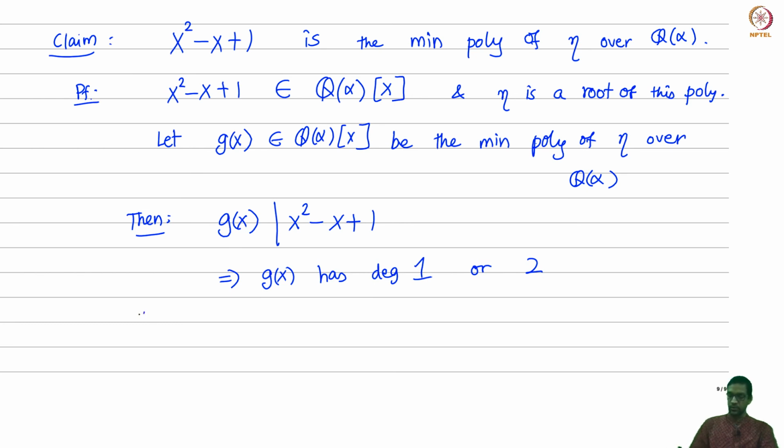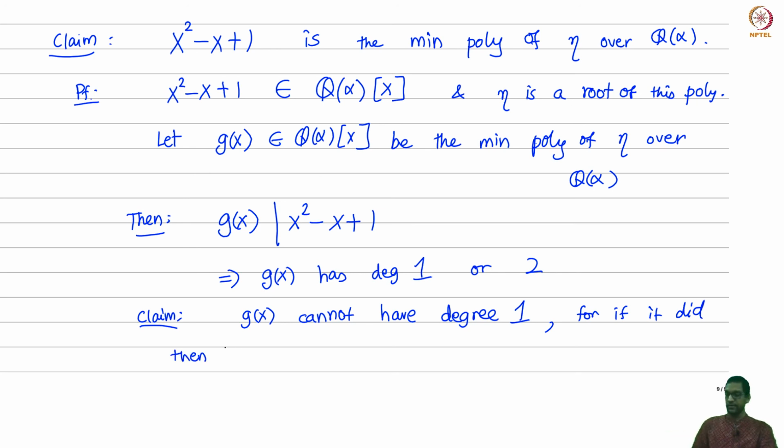Okay, so observe, claim: g(x) is not linear, it cannot have degree 1. For if it did, then what would it mean? It's a linear polynomial, and eta is a root of that polynomial.